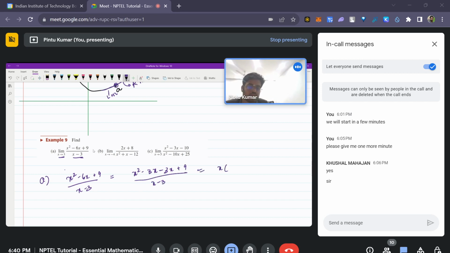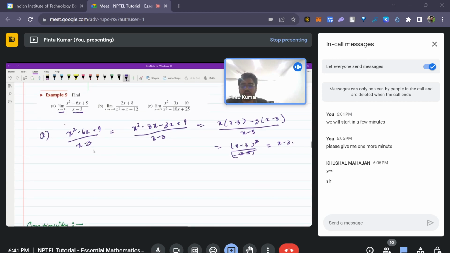So you can take x common, and this is x minus 3 minus 3 times x minus 3, divided by x minus 3. So this is x minus 3 whole square divided by x minus 3. Now if you cancel out these two, you will get x minus 3. So rather than calculating this limit, you can just restrict it to limit x tends to 3 of x minus 3, and this value is 0.